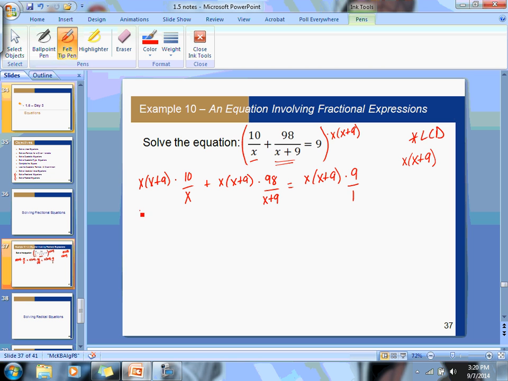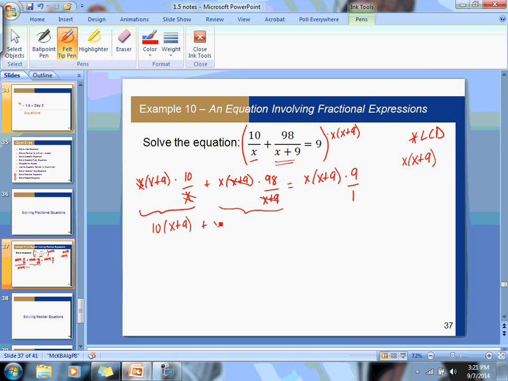So now in this first term here, I'm multiplying everything by x times x plus 9. So actually this x in the denominator and this x are going to cancel. So I'll have 10 times x plus 9. No more fraction. And in this second term here, this x plus 9 and this x plus 9 are going to cancel.